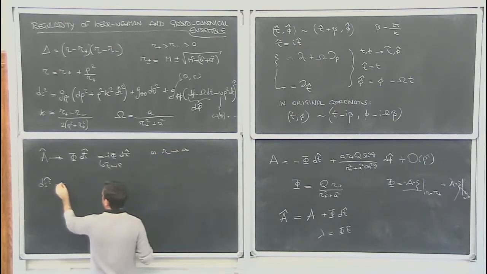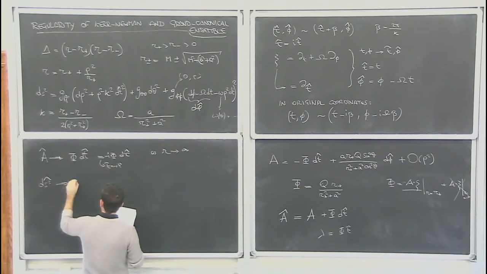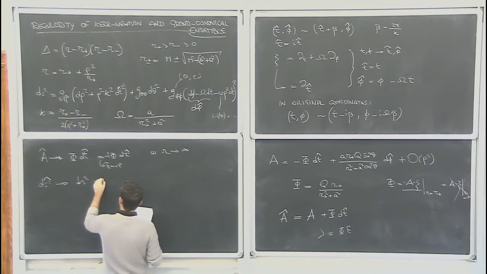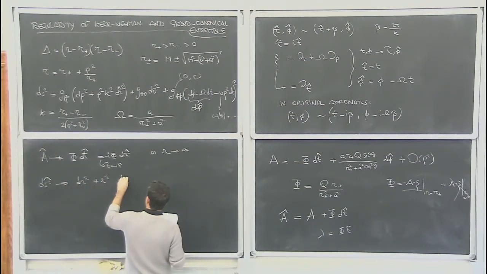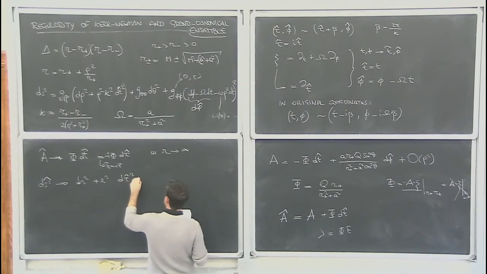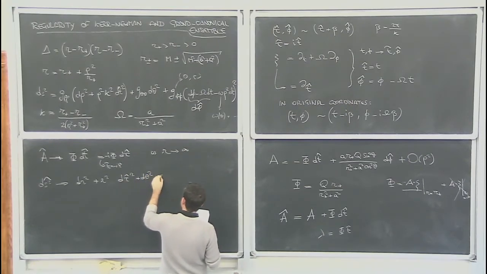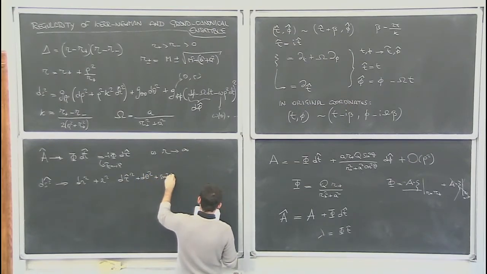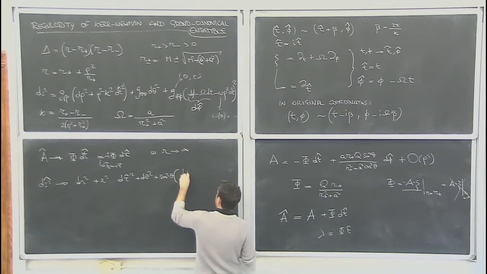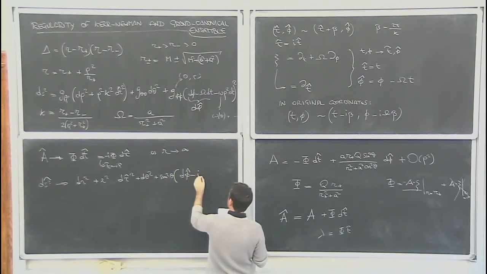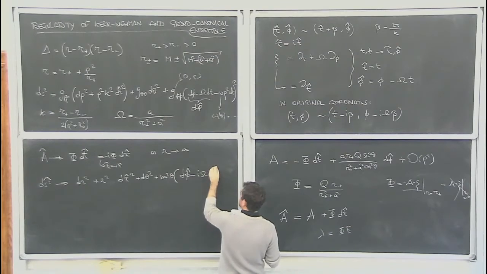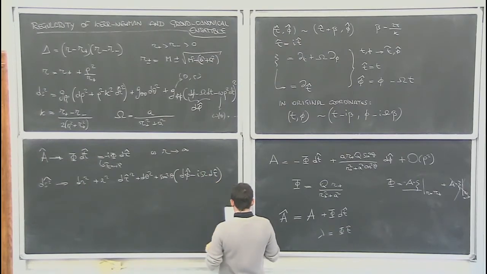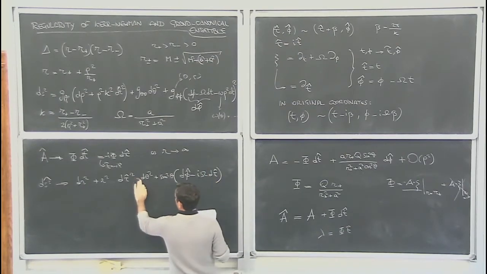Same for the metric, it goes to dr squared plus r squared d tau hat squared plus d theta squared plus sin squared theta (d phi hat minus i omega d tau hat) squared. I had an r squared.